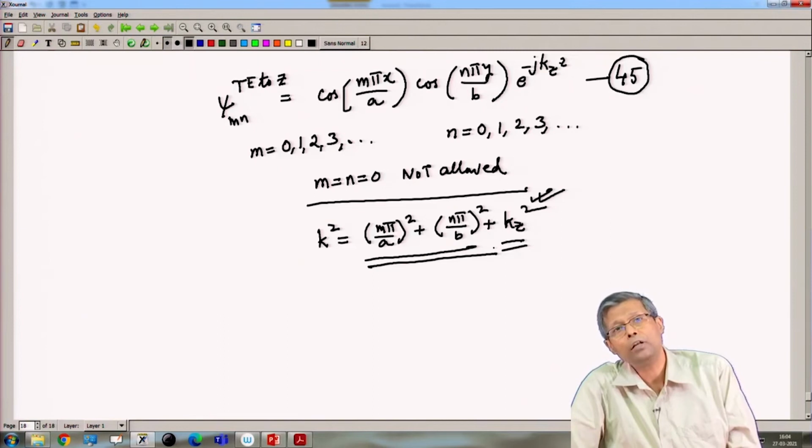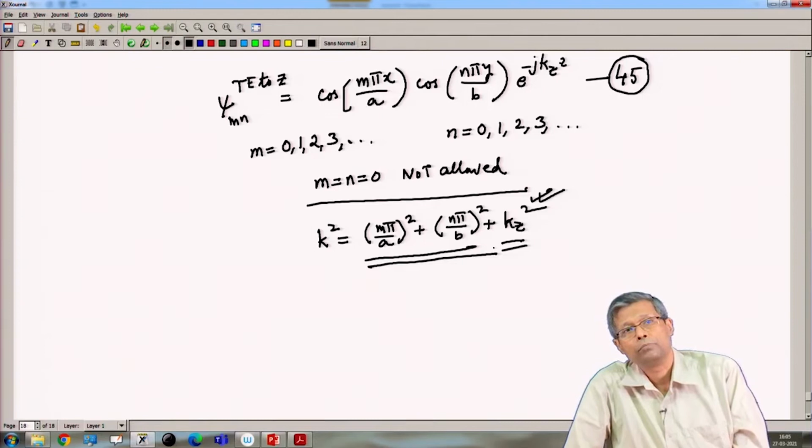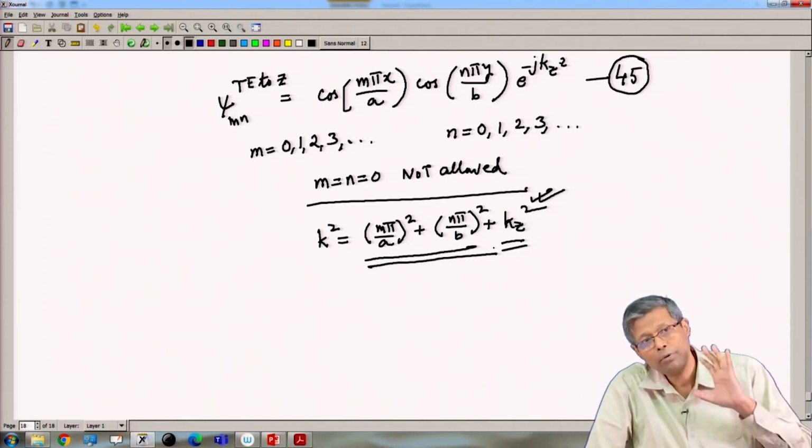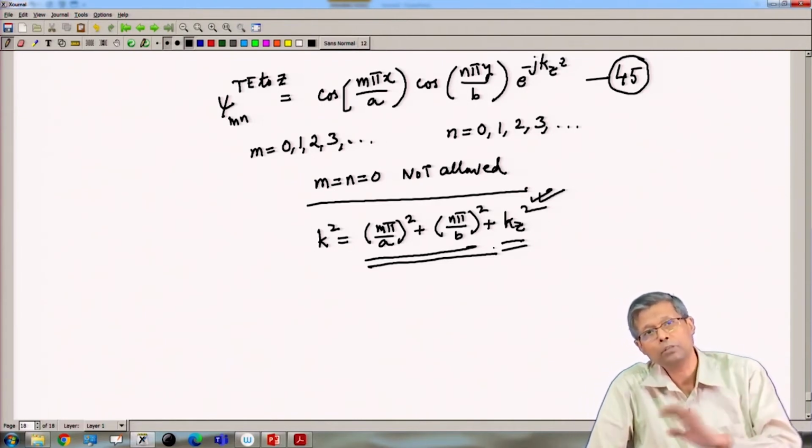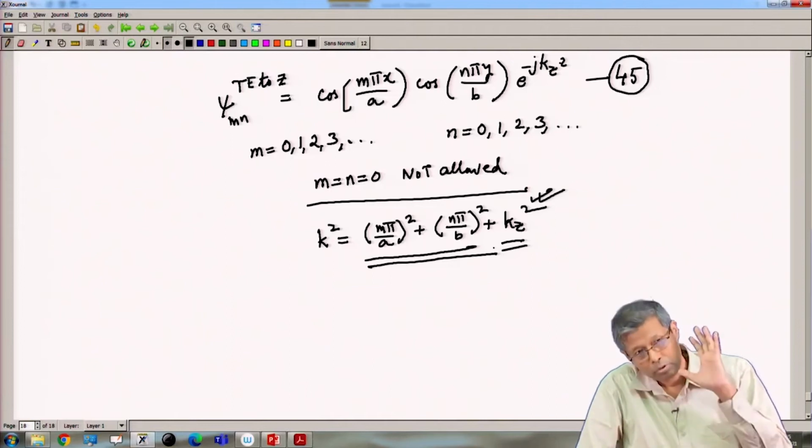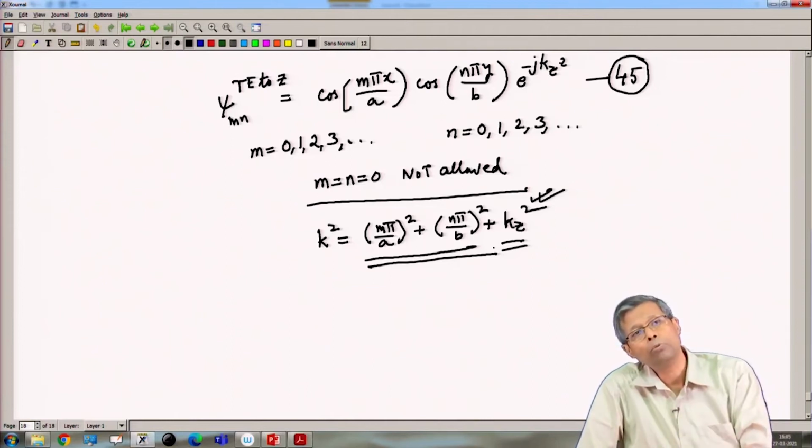So, as the frequency becomes very high, k z approaches the propagation constant in free space, which is k. So, the propagation constant in the waveguide approaches that of free space, or the propagation constant in a homogeneous medium filled with the same media parameters as that of the waveguide, for a sufficiently high frequency.